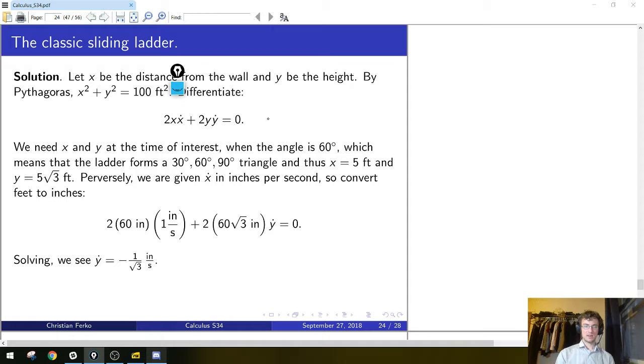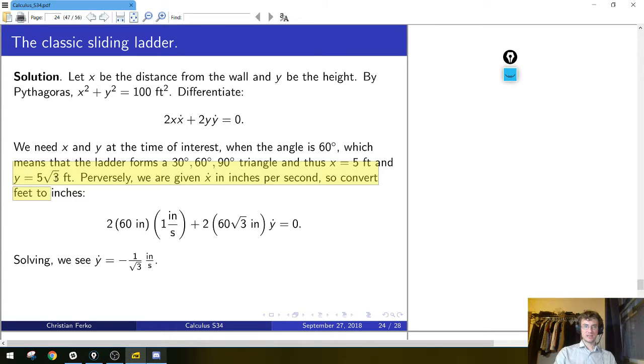If you solve it with Pythagoras, it's only a couple steps. I called them x and y instead of L and h. So x squared plus y squared is 10 feet quantity squared, which is 100 feet squared. Differentiate and get 2x x dot plus 2y y dot is 0. Then we use this 30, 60, 90 argument again, which means x at the time of interest is 5 feet and y is 5 root 3.